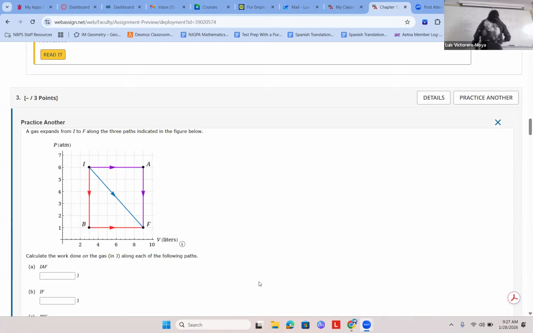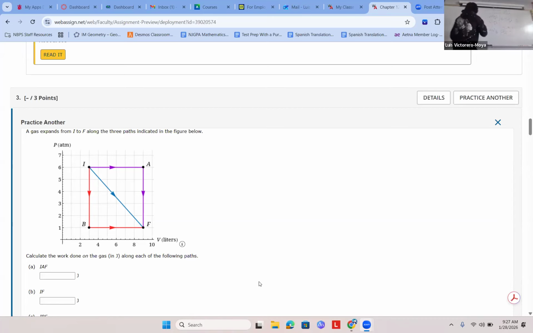Well, you're looking at the figure there. I'm going to write the equation here, and I'm going to show you. But clearly that's an isobaric process. Isobaric means at constant pressure, right? So you're going from 3 liters to 9 liters at 6 atmospheres.